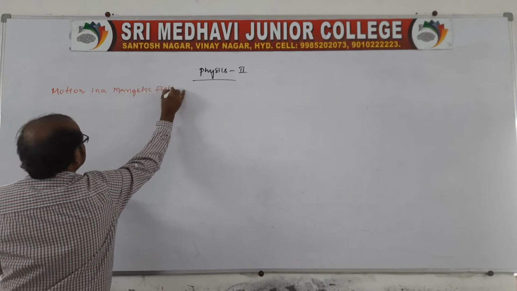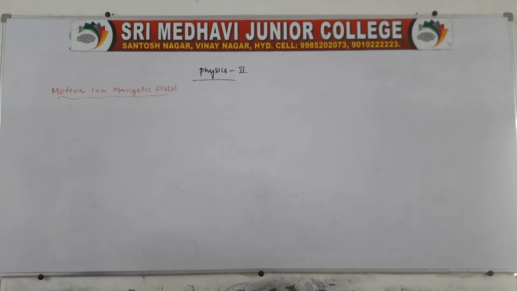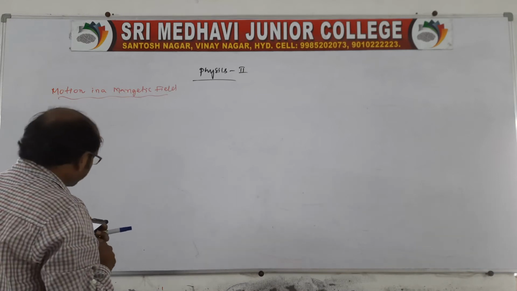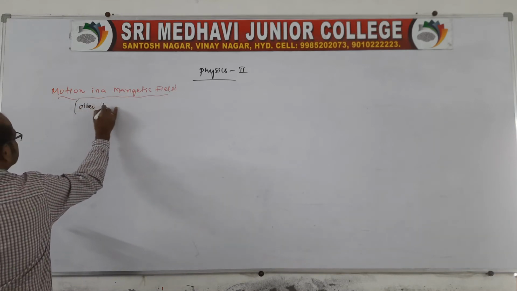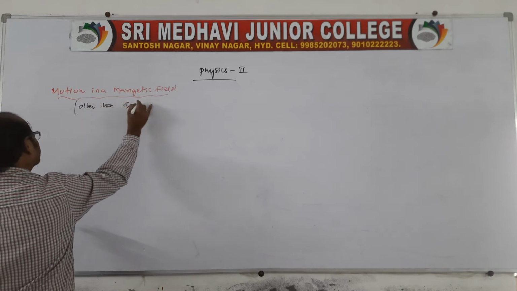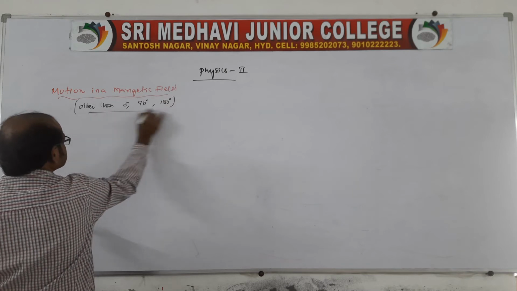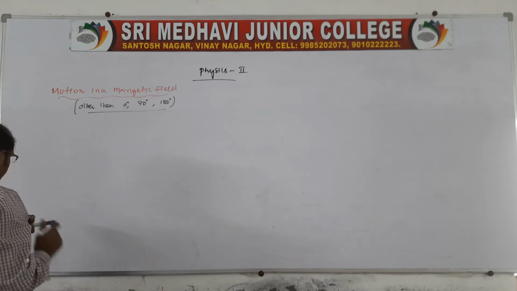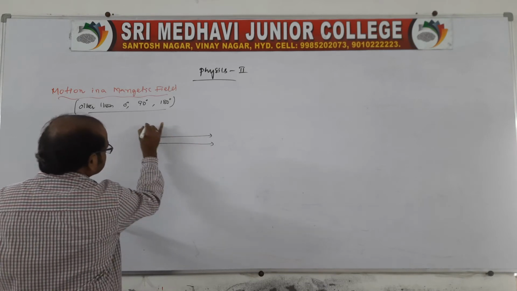That means the particle enters a uniform magnetic field at an angle other than 0, other than 90, other than 180 degrees. See, there is a uniform magnetic field B given like this.